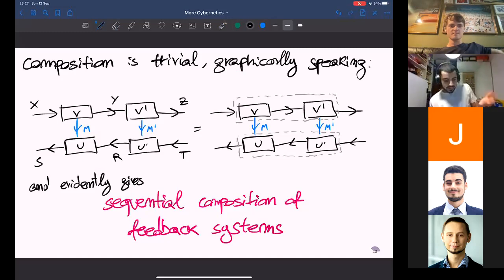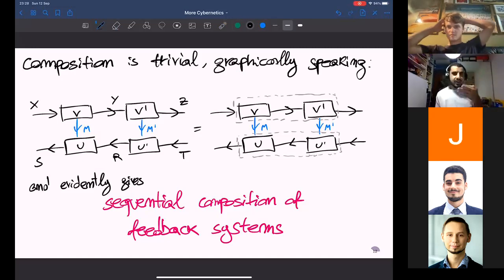And this is evidently what sequential composition of feedback systems wants to be. Because this is literally my system doing a thing, and then the next system in line receives what my system did and does something else to it. While feedback goes the other way around.